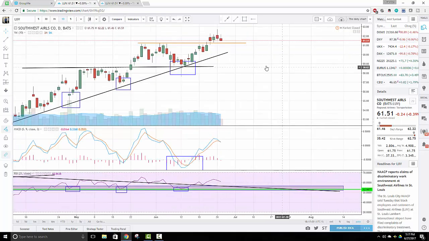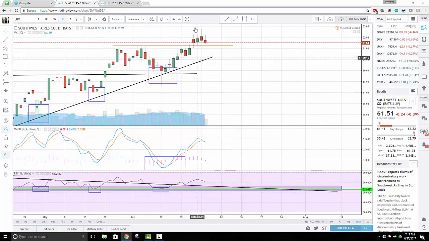Now I will say, if we look at this price action right here, we see a little bit of exhaustion of buyers. Why do I say that? Well, we're going higher. We start to see, especially on these two candles right here, is where we're really seeing the exhaustion. If it is truly exhaustion, we opened here and we tried to move higher and we made a brand new high.